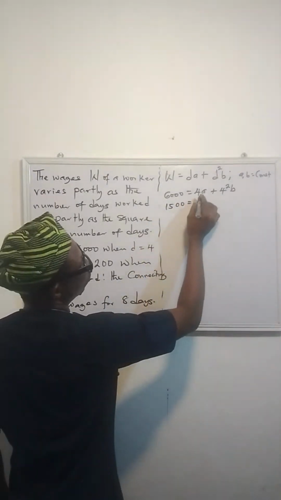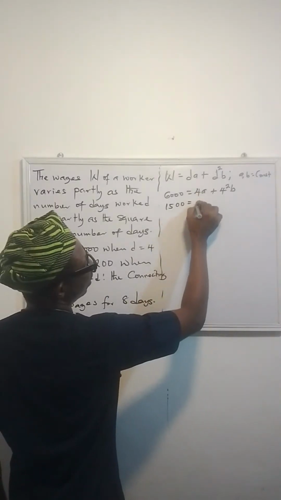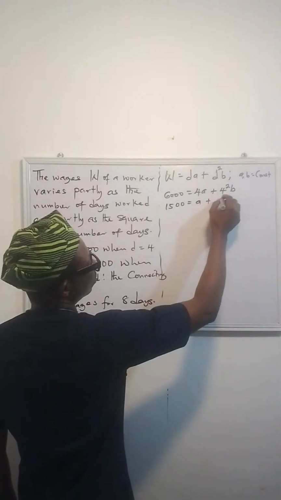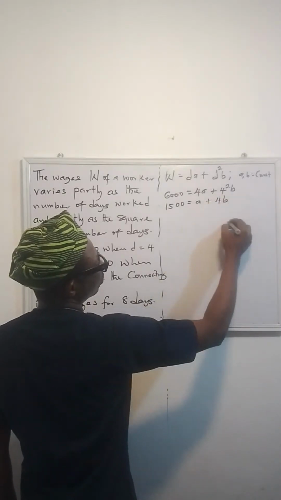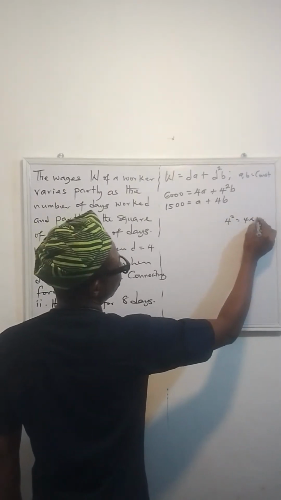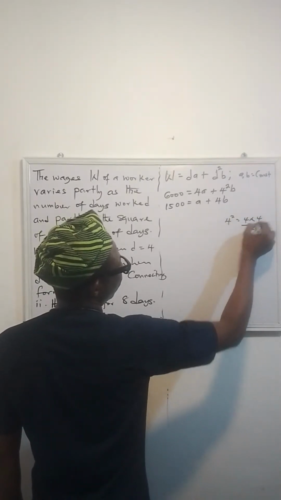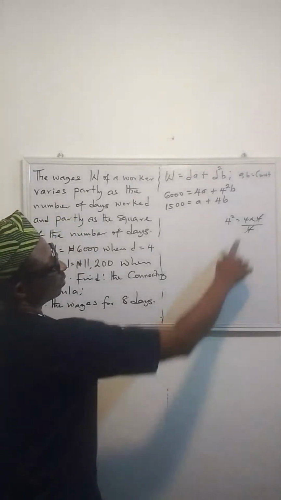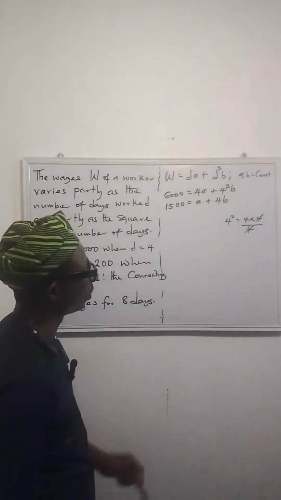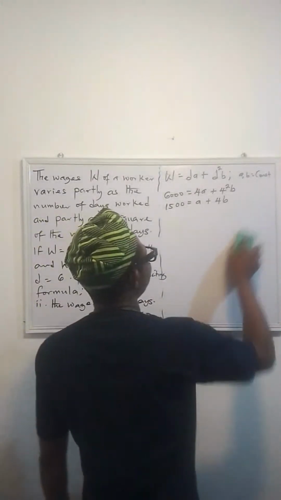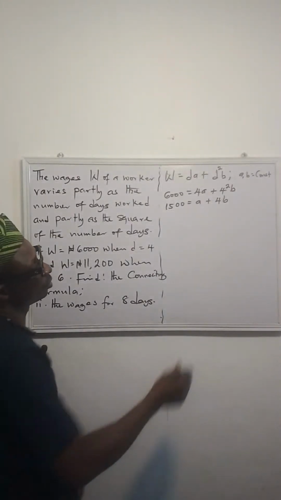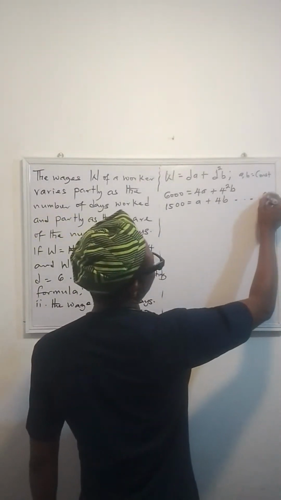So we have 1500 equals A plus 4B, because 4 squared is the same thing as 4 times 4, so when you divide that by 4, one 4 cancels, and you are left with just 4B. That should be our first equation.